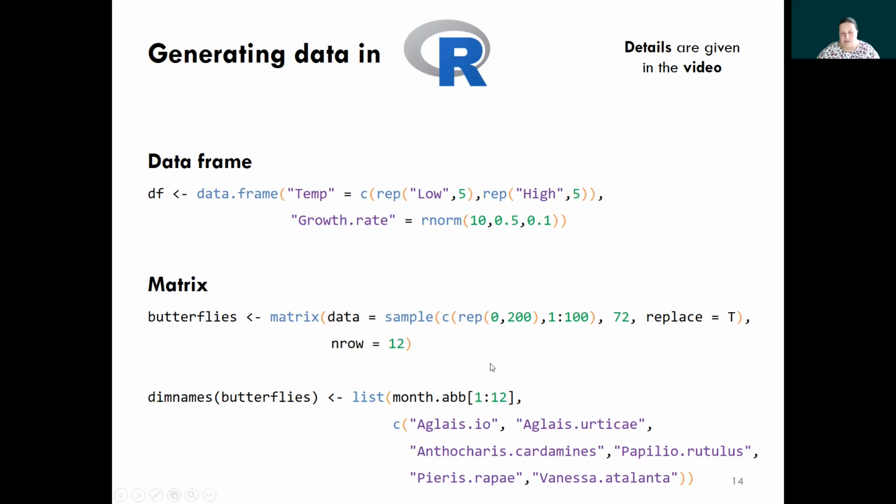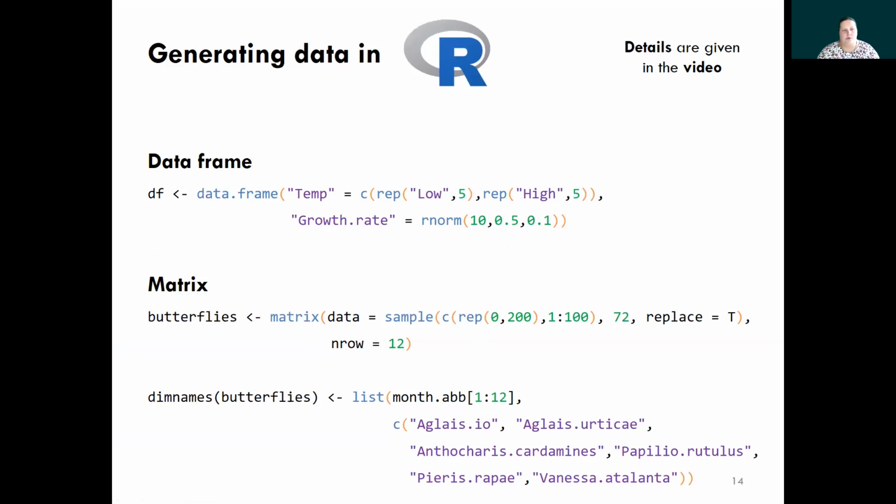And it has 12 elements, obviously. And I'm just going to use all of these elements, so going from 1 to 12, from January to December. And this is now the first element of my list. And the second element of my list is going to contain the names of the butterflies in my data set. I will show later how this would look in R. So this is a way you can generate data in R.